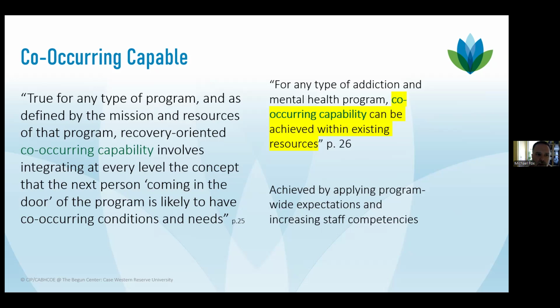They said this is true for any type of program, defined by the mission, the resources, all the way up through the training. That co-occurring capability involves integrating at every level the concept that the next person coming through the door can have co-occurring needs. They also mentioned recognizing that programs are going to be hesitant about this, that, well, this is outside of our scope. Well, if you're providing care to any adolescent, if you've got more than 3 on your caseload, at least one of those has substance use involvement at some level, at statistical probabilities.